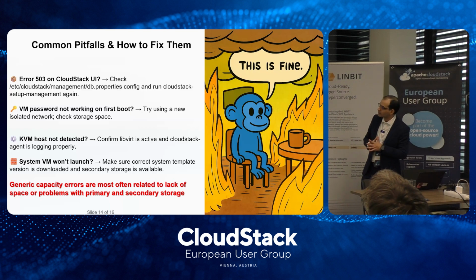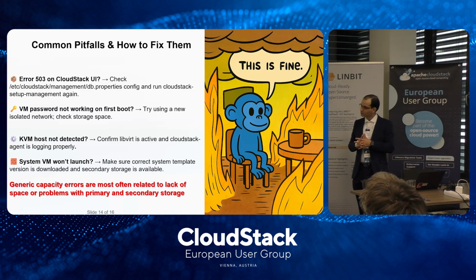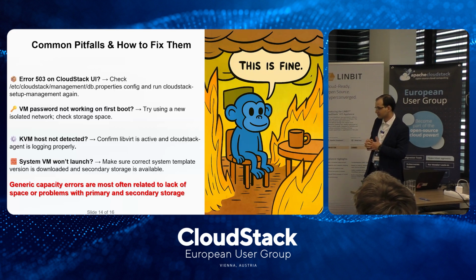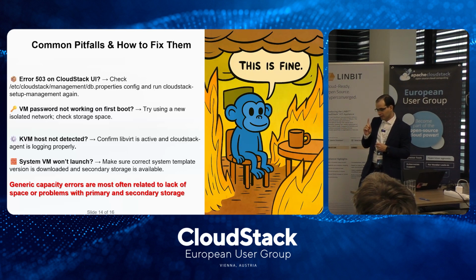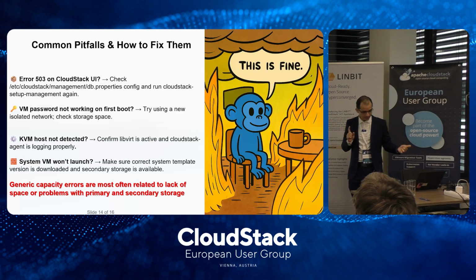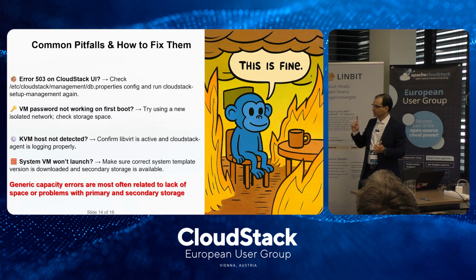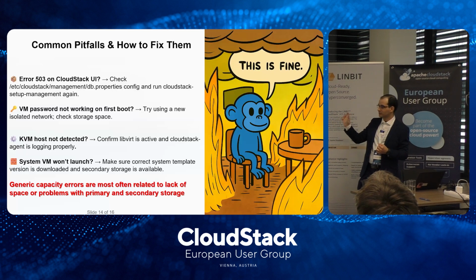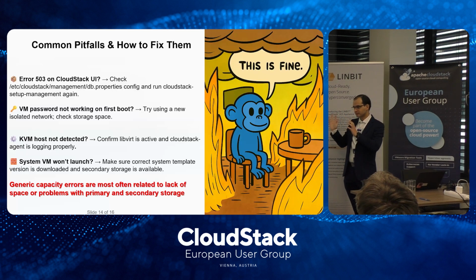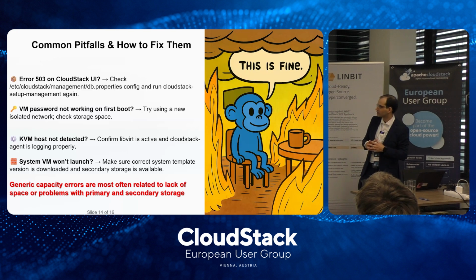Another problem with KVM is that the host sometimes does not get detected. This seems pretty obvious, but yes, you need to confirm that libvirt is active and running. Another way to test this is with Cockpit. I was talking before about that. You can launch a machine from there, and if it works, then you have an idea where the problem is.